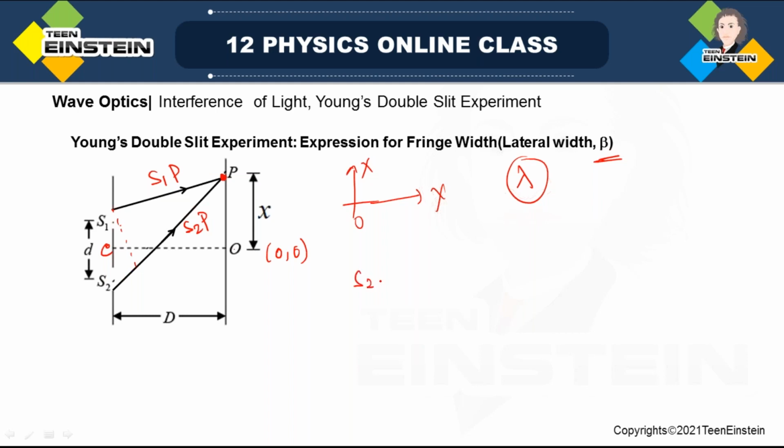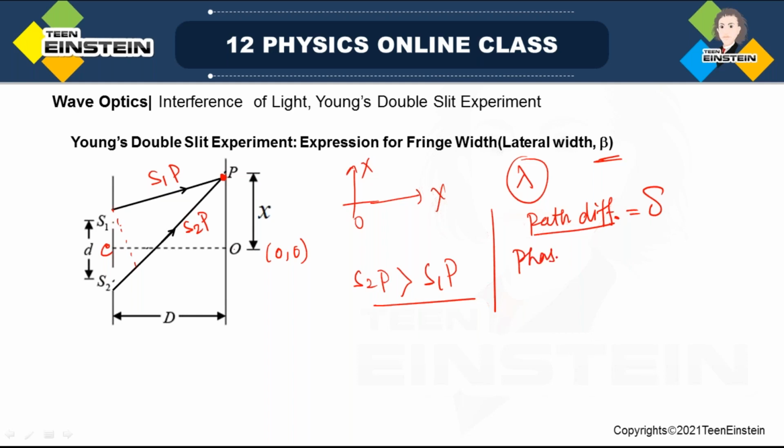You can see that S2P is greater than S1P, so there is a path difference. We have to find what the path difference is. Path difference is denoted by delta. Once we find the path difference, we will be able to find the phase difference also.